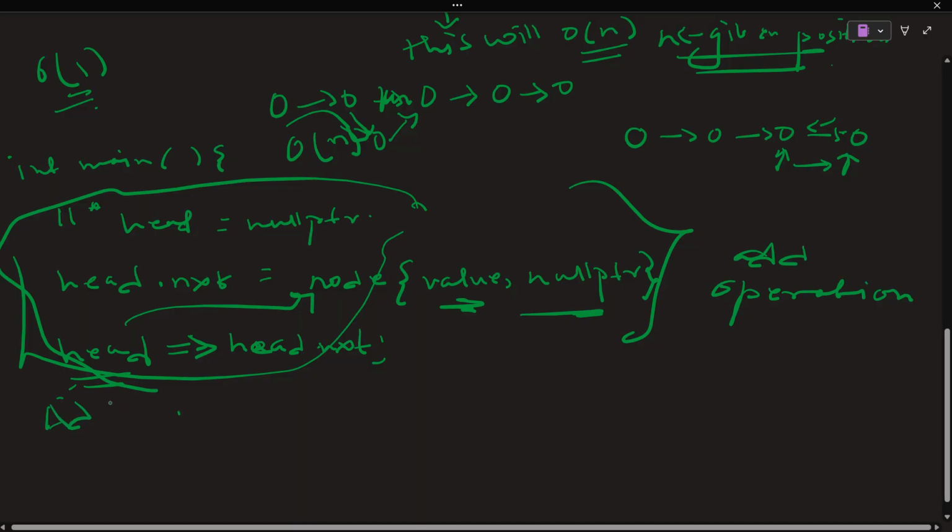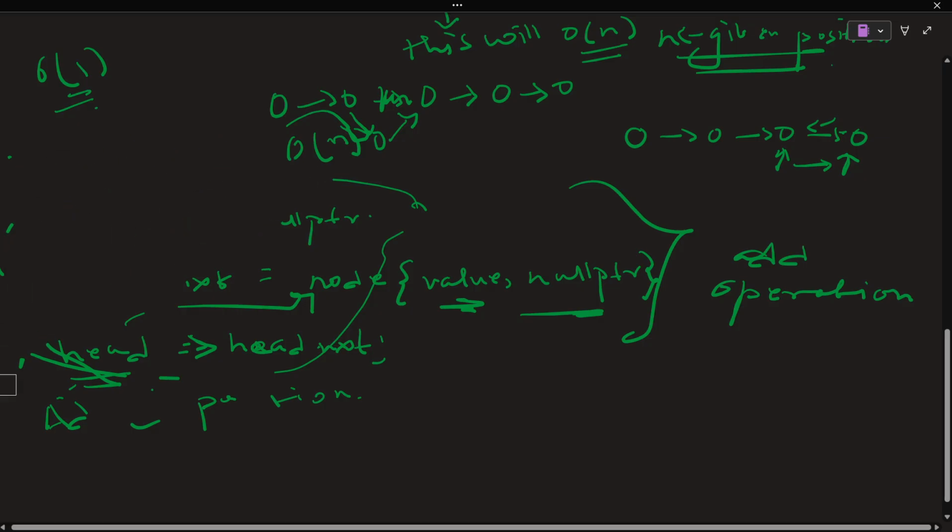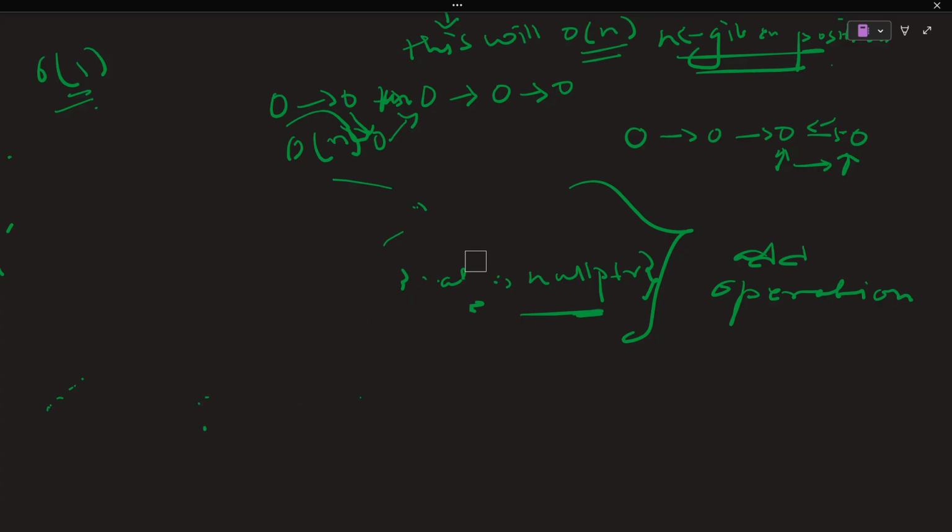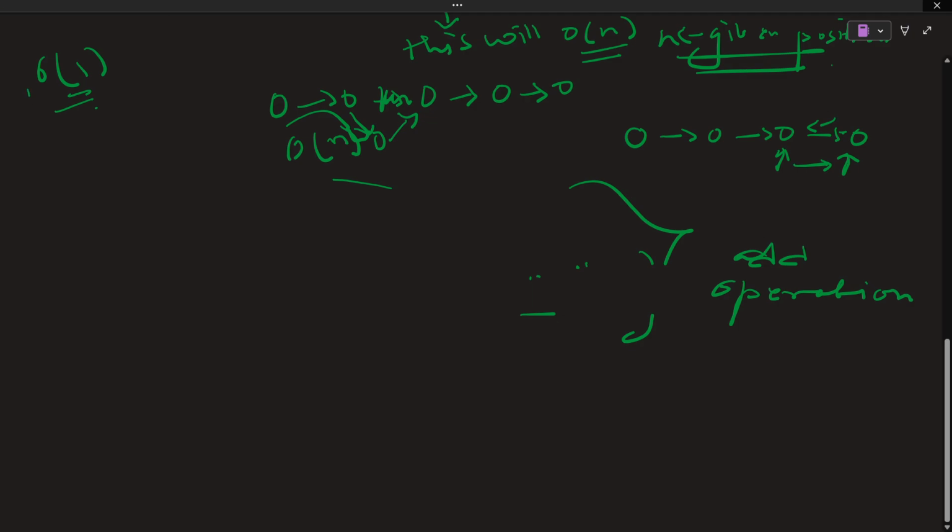But if we do an add at a position, right? Now add at a position would be a different function. It takes the head pointer, the main head pointer, the start of the list, this is the head, and the index and the value.